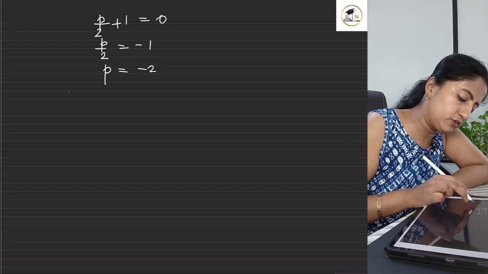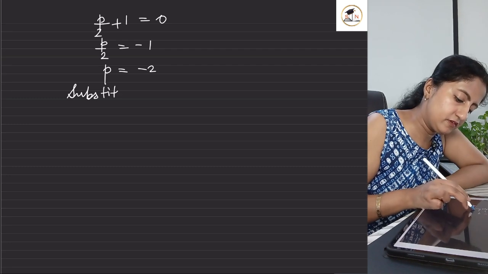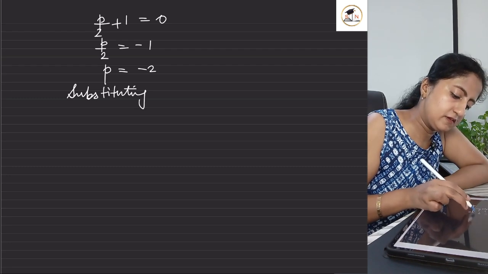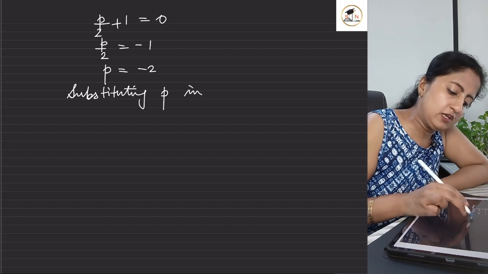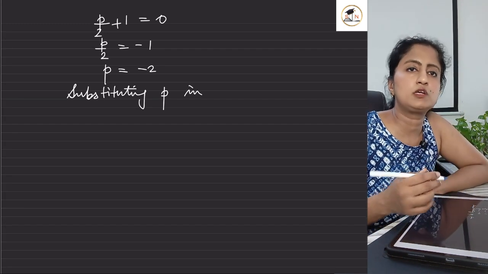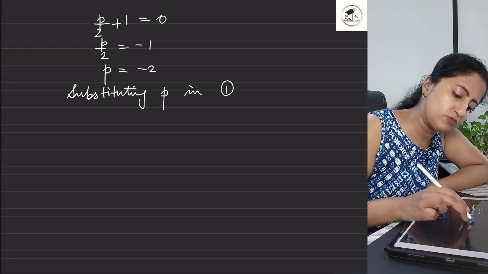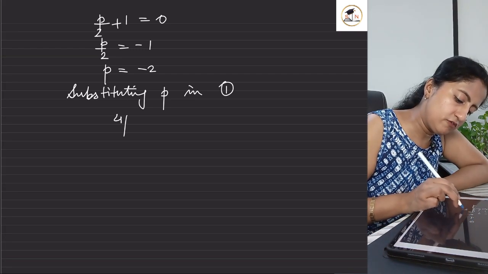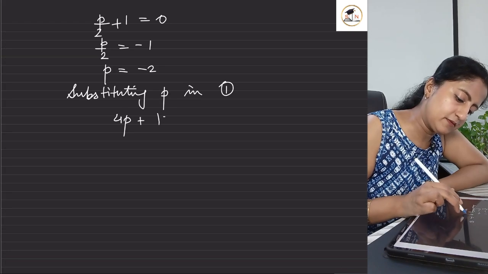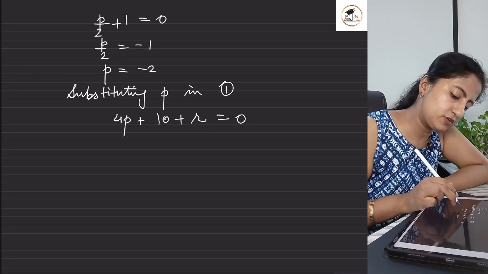Now, substituting p, you can substitute the value of p in either of the initial equations which we had marked. I am just substituting in the first one, which was 4p plus 10 plus r equals 0.